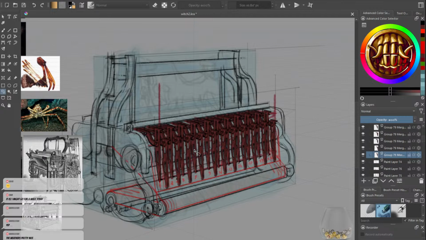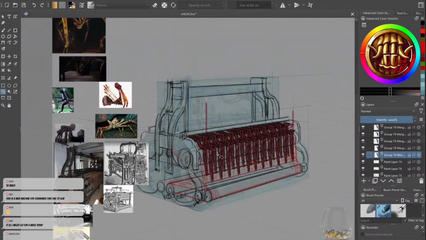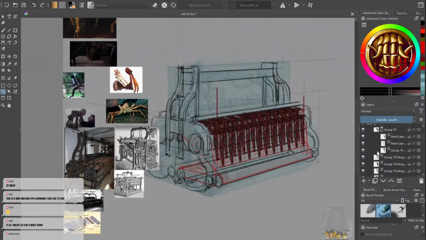How is that? It's a lot, but it also looks quite cool. This is a war machine for grandmas that like to sew. Yeah, pretty much. Too much, you think? I think I like it.